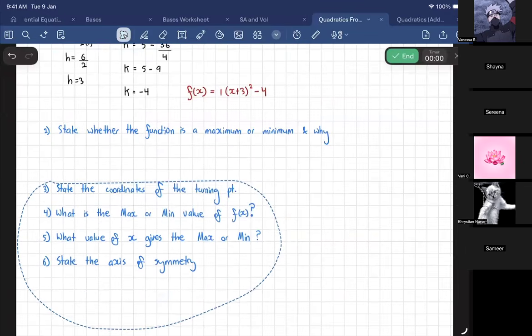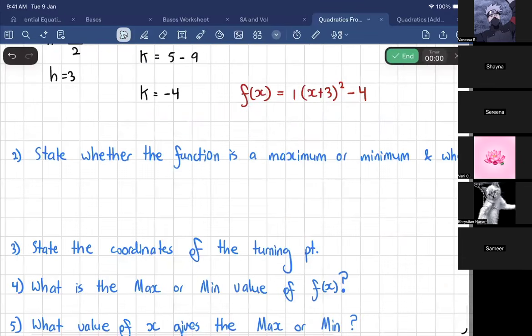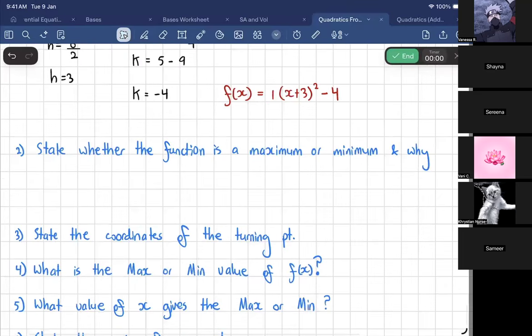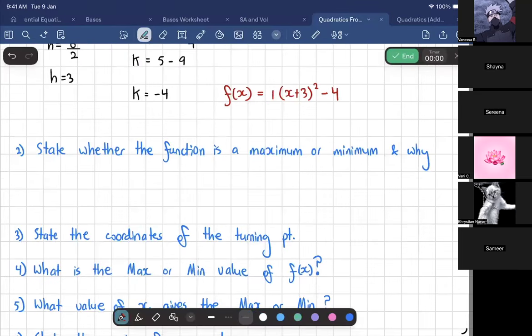Now, Christian, it sounds like you had to do some practice. So Christian, read part 2 for me. State whether the function is a maximum or minimum and why. All right. What was the quadratic function again? Remind me.